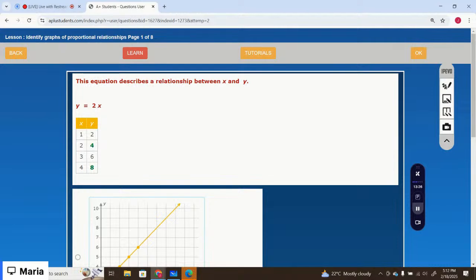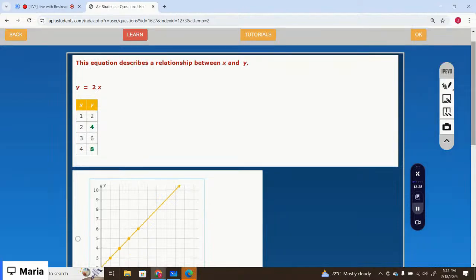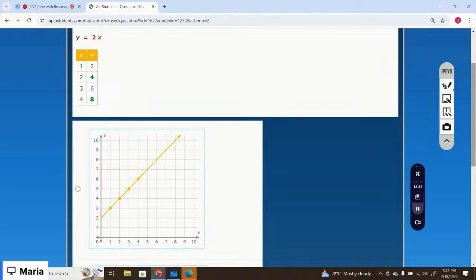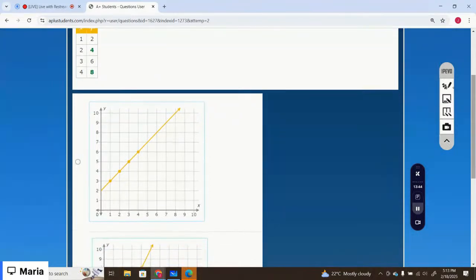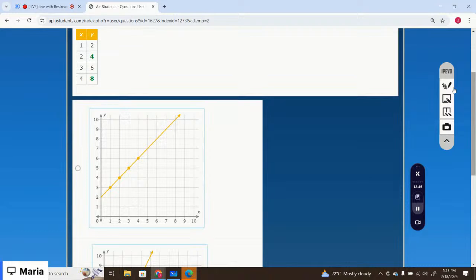This equation describes the relationship between x and y: y equals 2x. X is 1, y is 2.